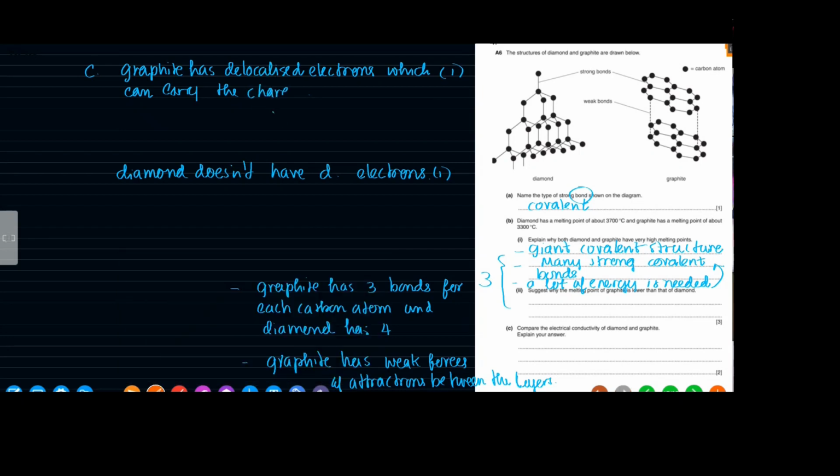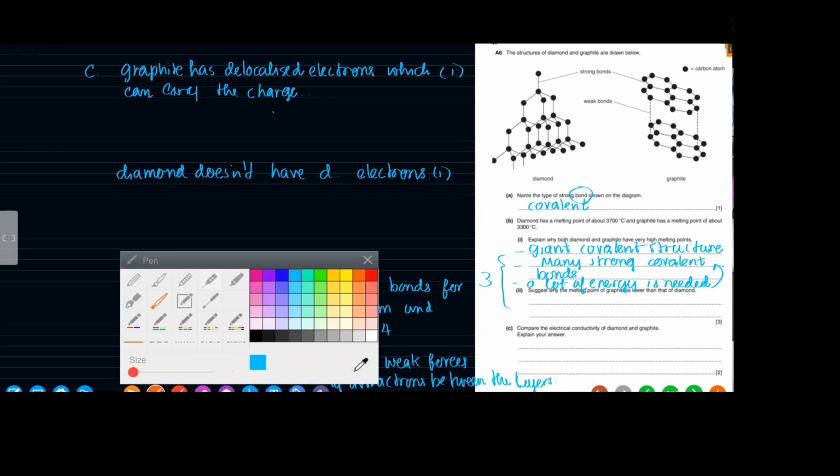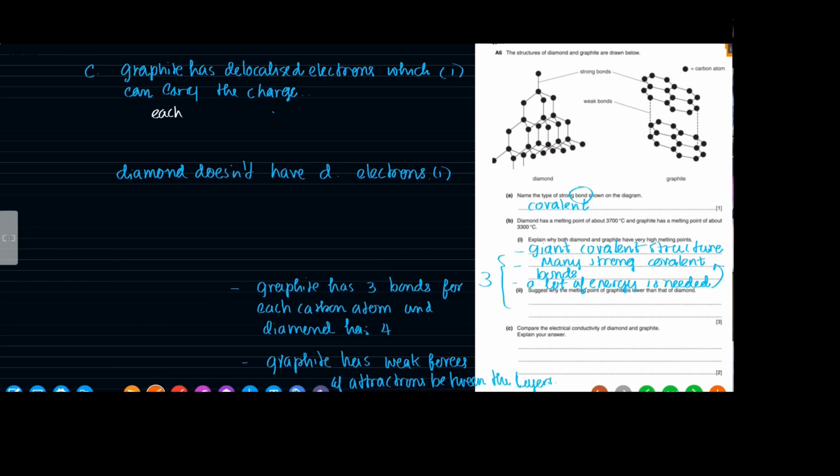If the question is about 3 or 4 marks, you're going to say that in graphite, each carbon atom has 3 bonds, so it has 1 electron free. Throughout the structure there are free electrons.